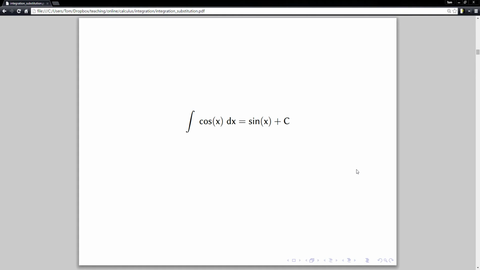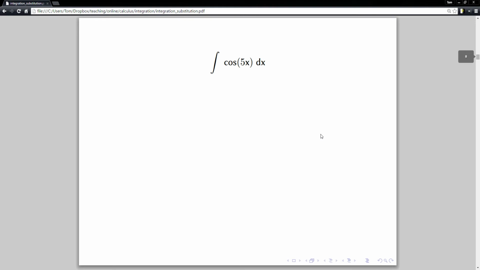So the integral of cosine of x dx is sine of x plus some constant c, and that's all there is to that one. No substitution needed. But we'll see that the problems that do involve substitution take into account these more basic integrals. Basically, what substitution will do is take a complicated integral and reduce it down to a simpler one like this.